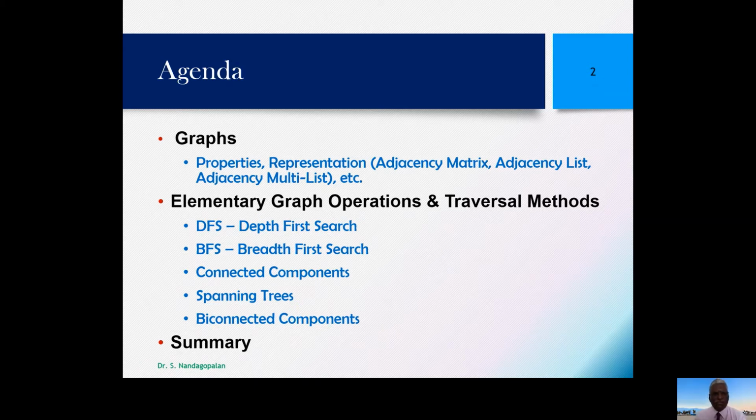Now, once we represent these graphs or understand the basic concepts of graphs, we can go for the traversal methods, because for any particular application which uses these graphs, we need to know how to traverse the graph.